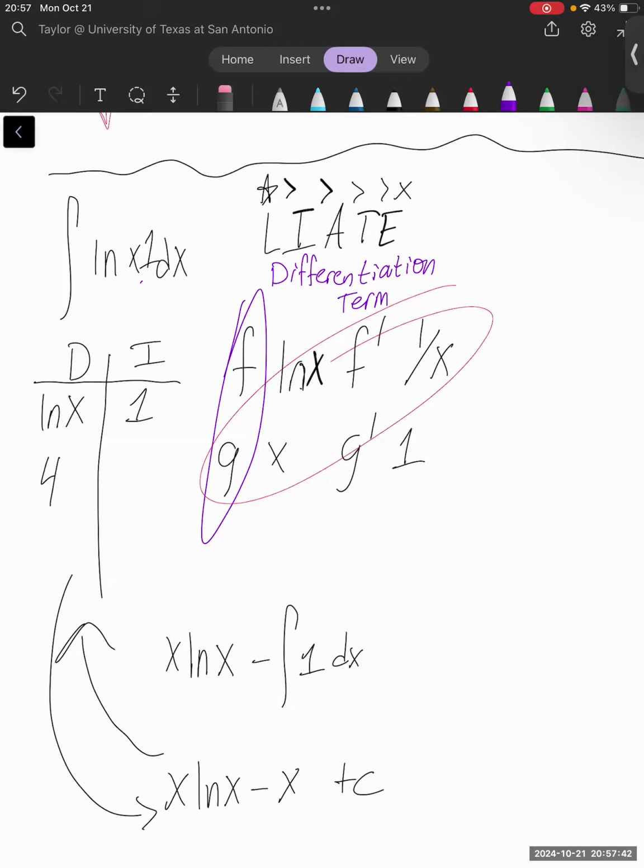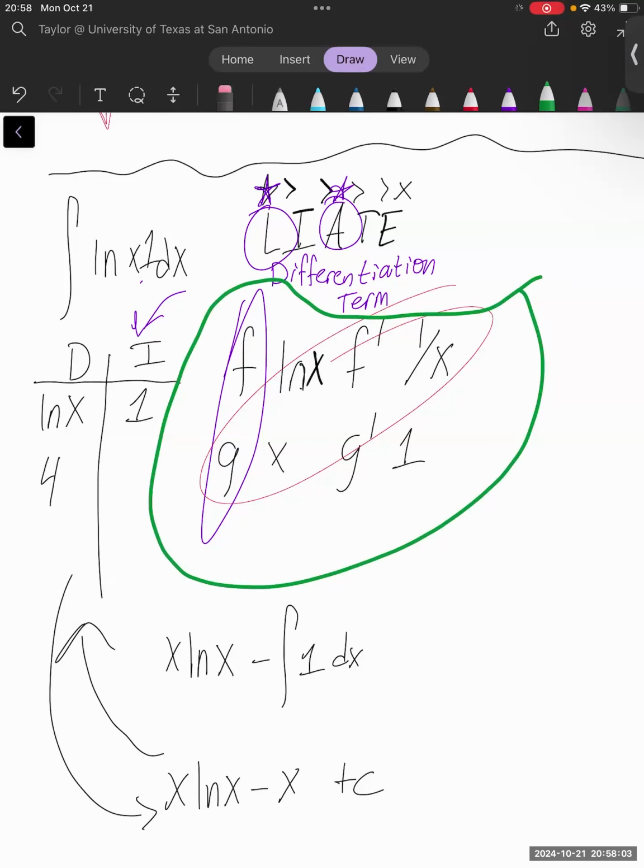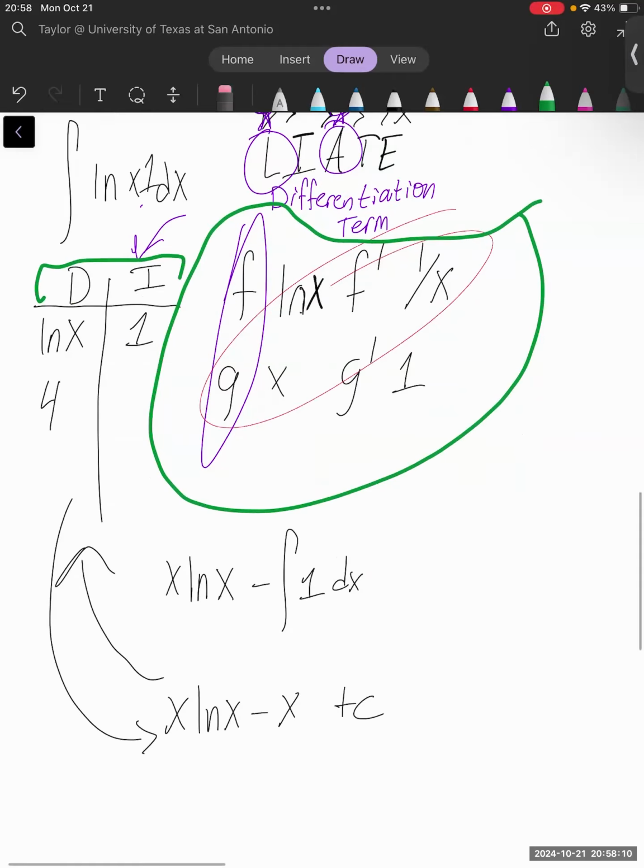So in this case, we are here and here. So logarithms come first, and then algebraic expressions, giving us this chart. But again, this method here is much fewer steps. But you're more than welcome to stick with this if this is what you're comfortable with at this point. But try it. You'll see what I'm saying.